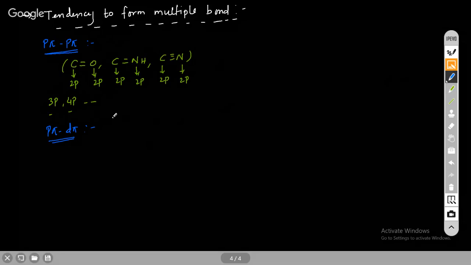But other elements of group 14 have the tendency to form p-pi d-pi bond.